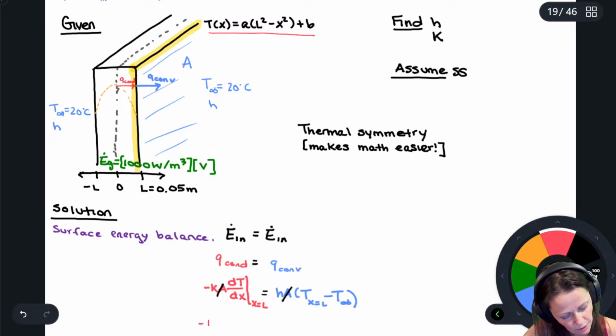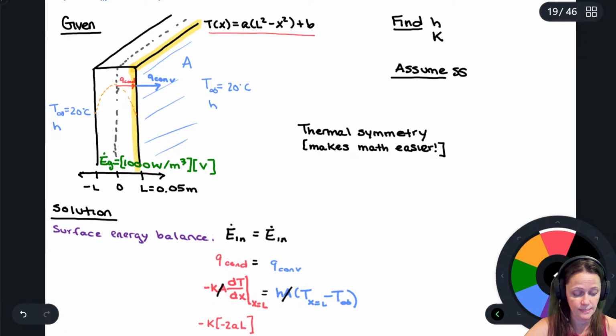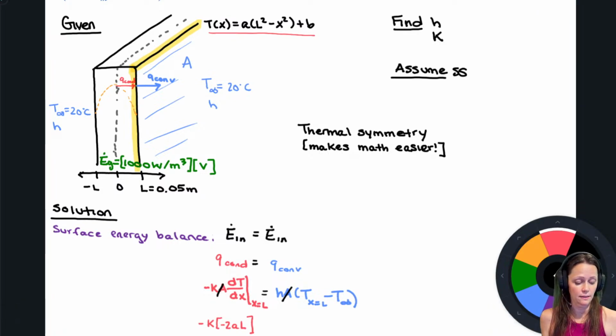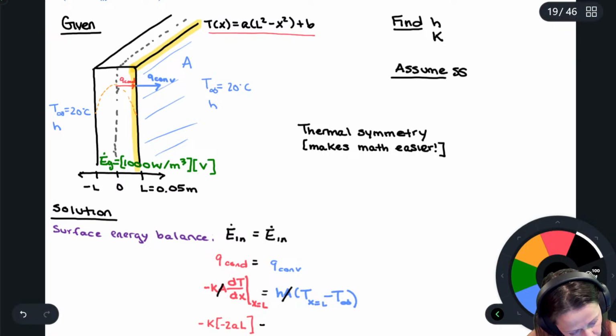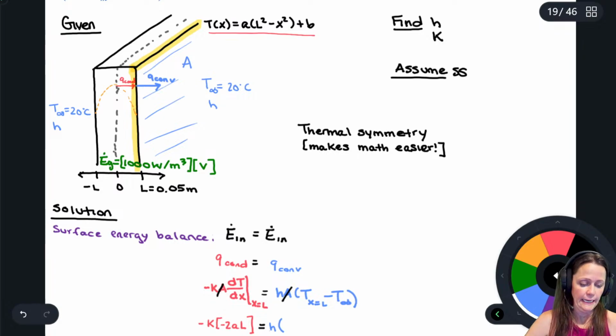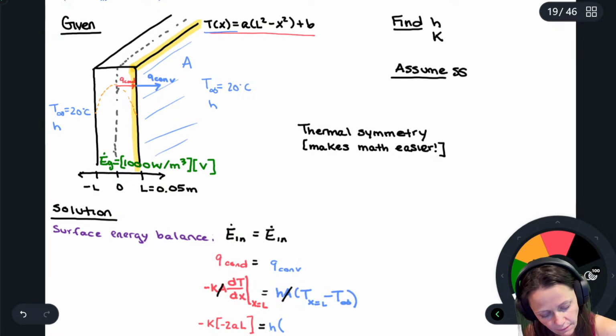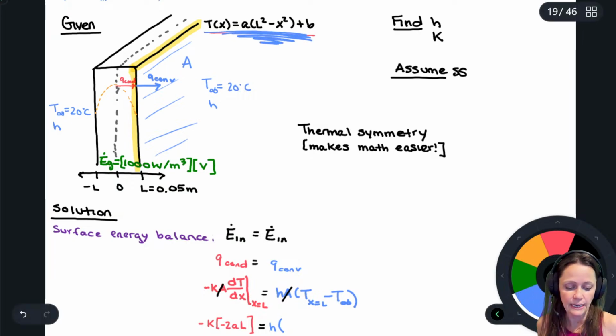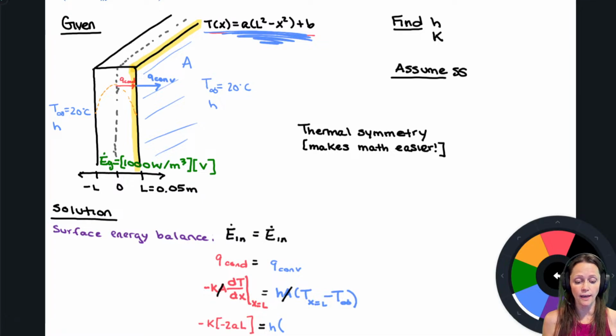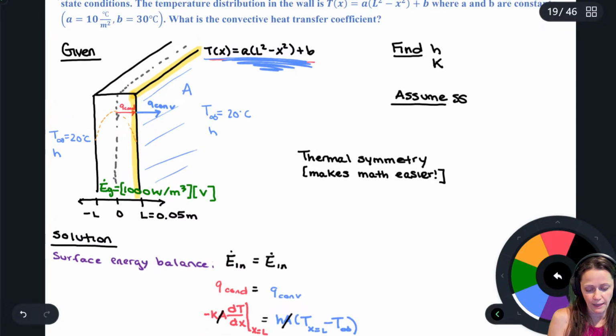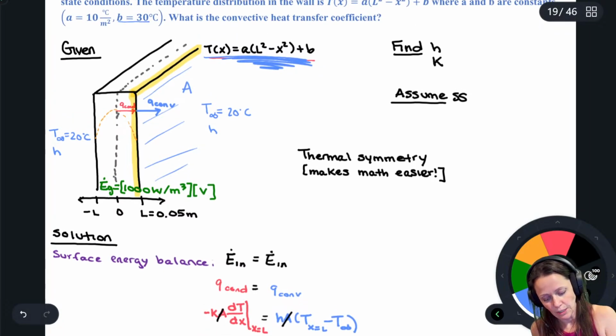So I'm going to be left with negative k times negative 2AL, because it's evaluated at x equals L. And then I've got h, and then the temperature at x equals L. If I plug L into my temperature distribution, the temperature is going to be equal to B, and B is equal to 30 degrees.